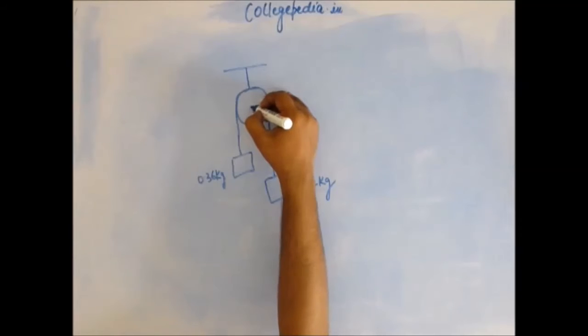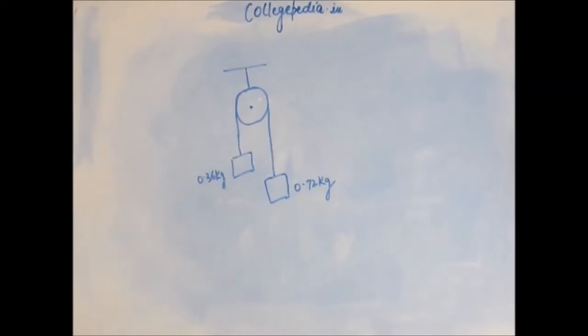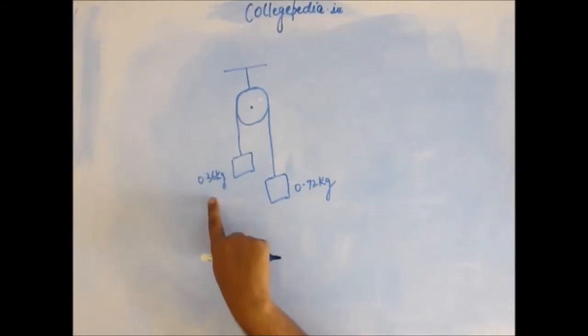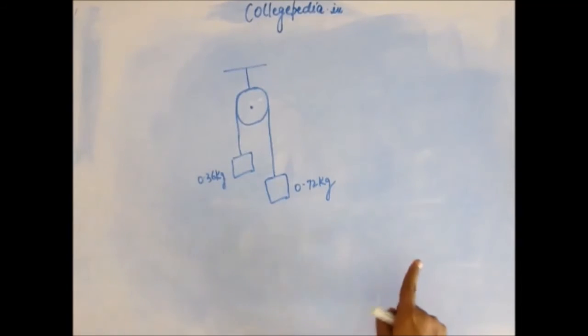You will assume the ideal situation in which the pulley is massless, the rope is massless, and the pulley has no friction as well. Now you have to find, when the system has been let loose, from that point to 1 second, the total amount of work done on this block of 0.36 kg.